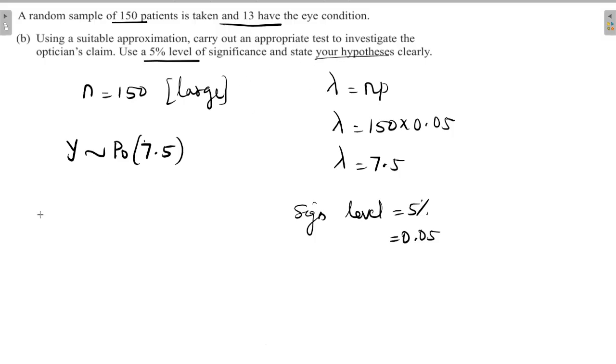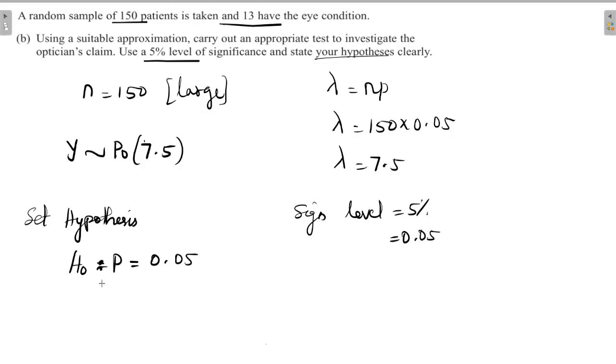Now let us set the hypothesis, by one-tailed test or two-tailed test. Here the null hypothesis, H0, is that the probability value is 0.05.